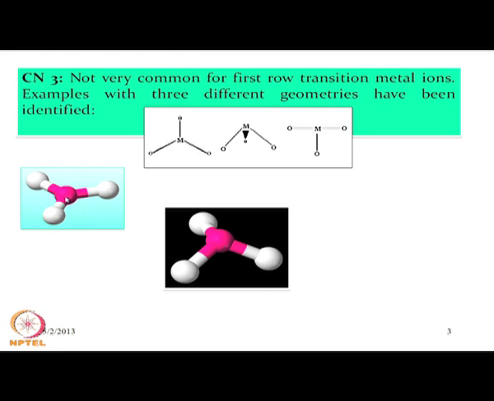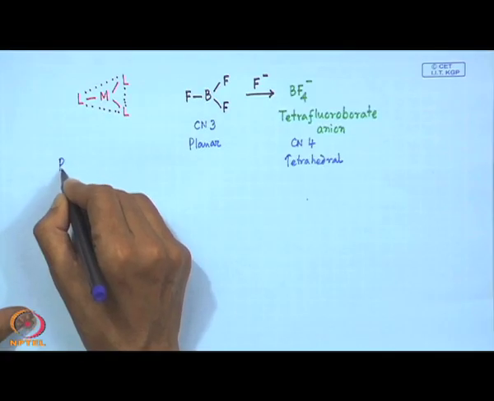So, this central metal ion or the other atom, if it is moved upward, we can have a geometry like this. That means this is sitting above the trigonal plane formed by 3 white spheres. So, we can have the corresponding species like this, and this particular geometry we will call pyramidal.